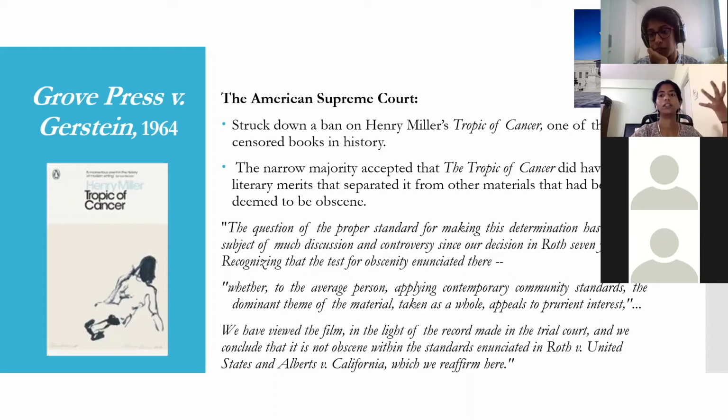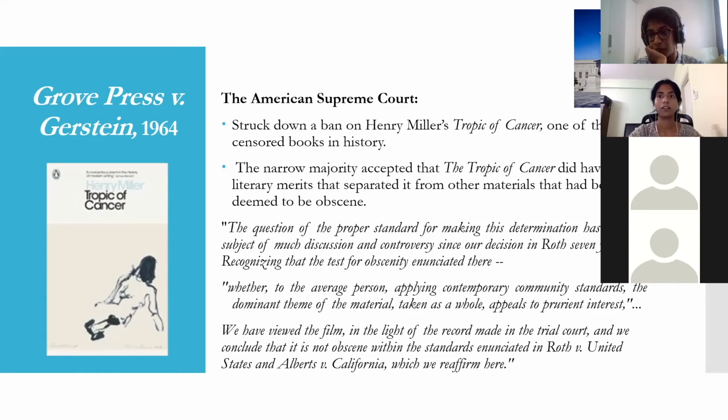What the majority, a narrow majority really, accepts is that although of course there are sexually explicit scenes in the Tropic of Cancer, the book did have literary merits, right? It wasn't without any social value, and so it separates them from other materials that are actually deemed to be obscene, and strikes down the ban.